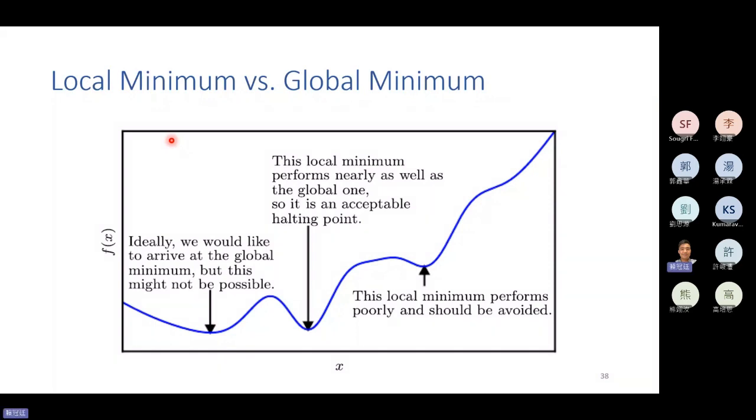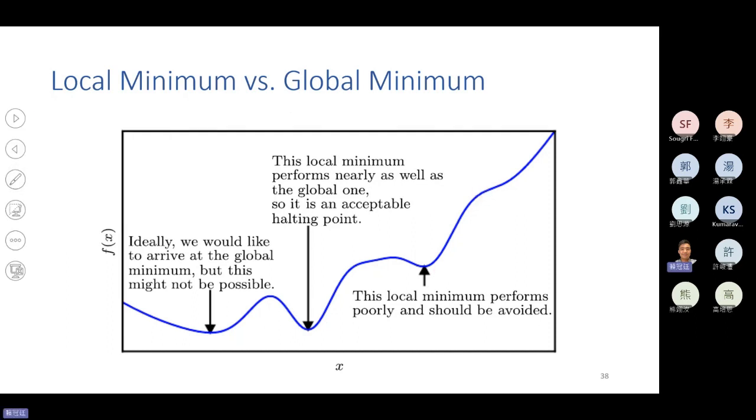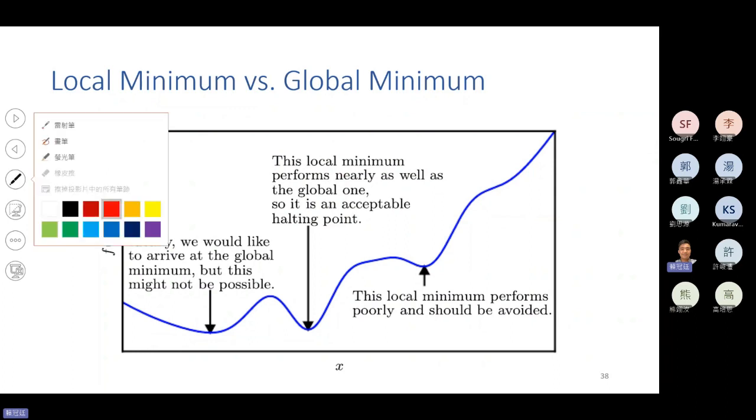Okay, so as we said before, for a real function it is not easy to find the global minima, or it has a lot of local minima. So when you try to do gradient descent, it is very easy to get stuck.